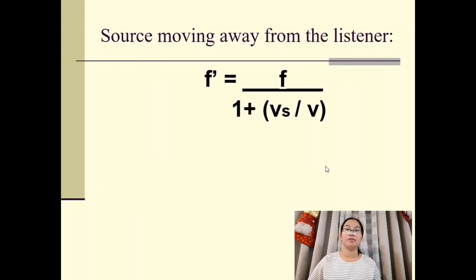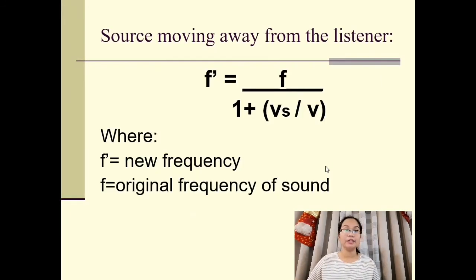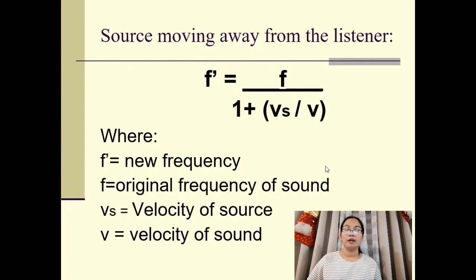Another equation, if the source is moving away from the listener: the apparent frequency f prime equals the frequency actually produced by the source over 1 plus the quantity, the velocity of the source divided by the velocity of sound. Okay, so those are the equations for the Doppler effect.